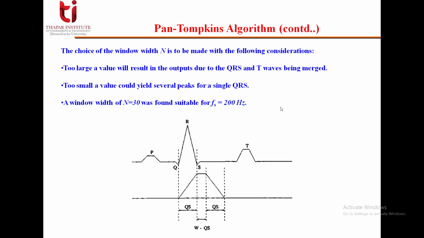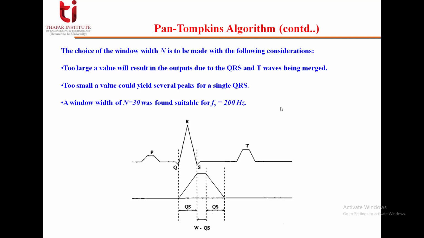And if we choose a small value, it will yield several peaks even for a single QRS complex. So accordingly we have to choose the value of capital N. In this research they kept a window width of capital N equal to 30, which was found suitable for a sampling frequency of 200 Hz.